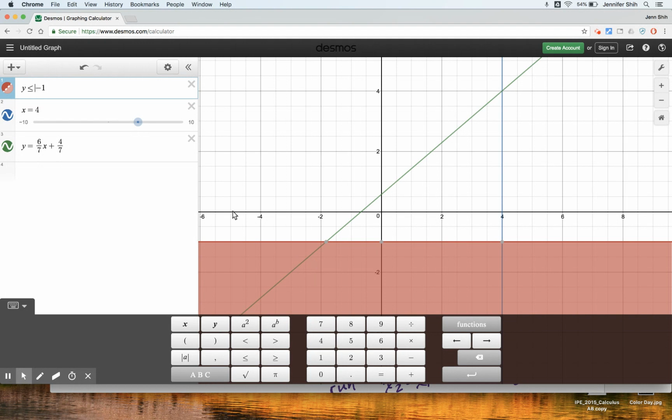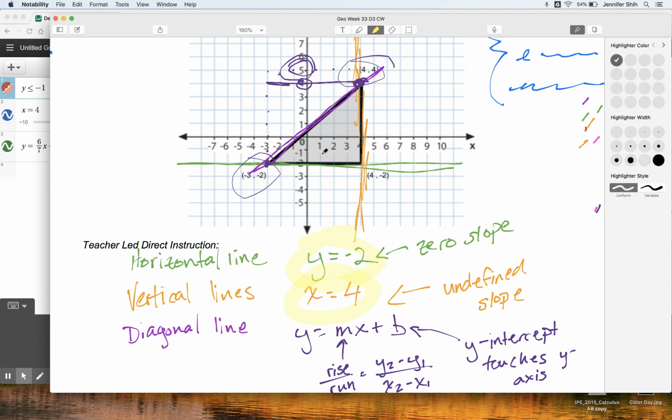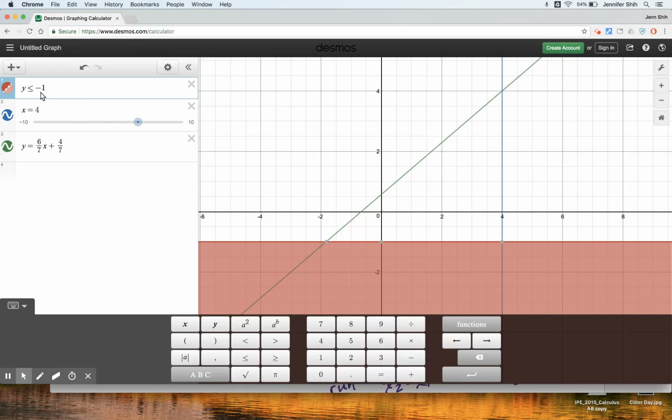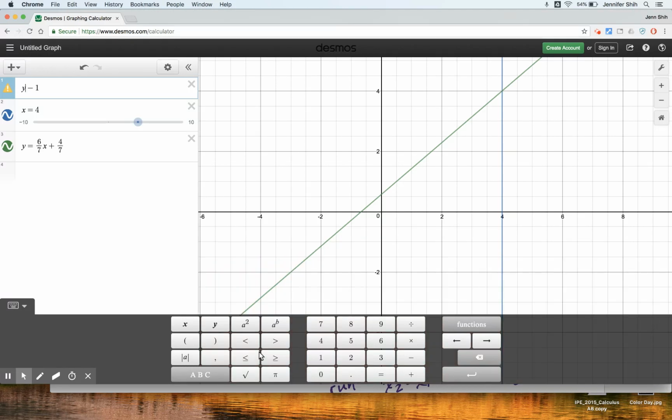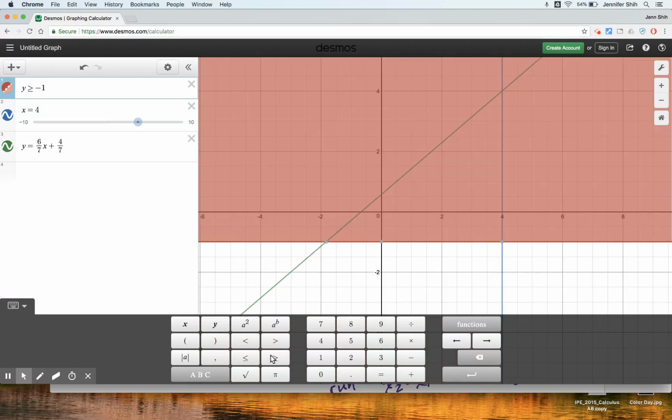Unfortunately, it shades below the y equals -1 line. We don't want that. We want to shade above this line. Okay, so we go back here, delete it, and then, oh, now we shade above.